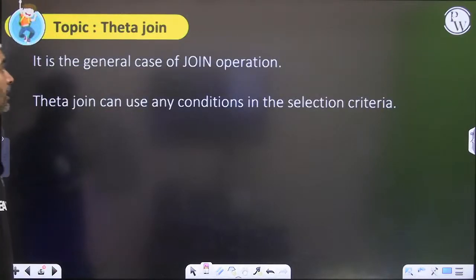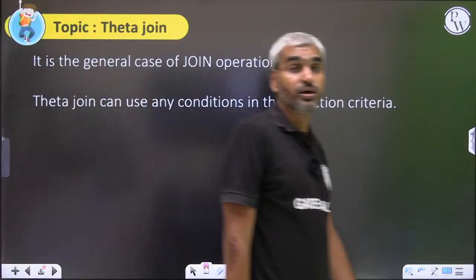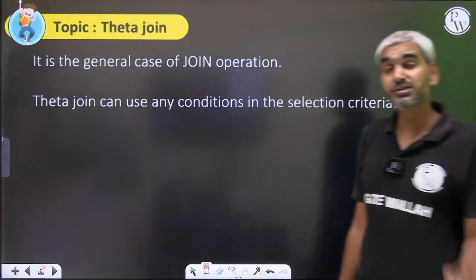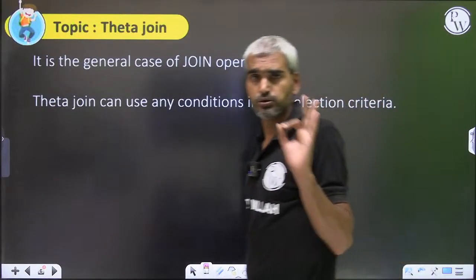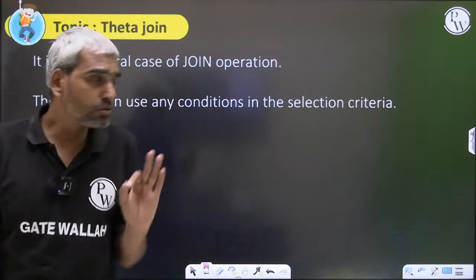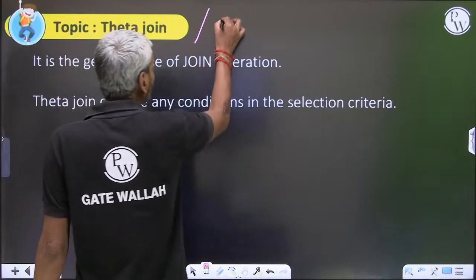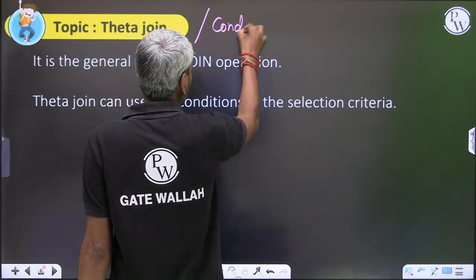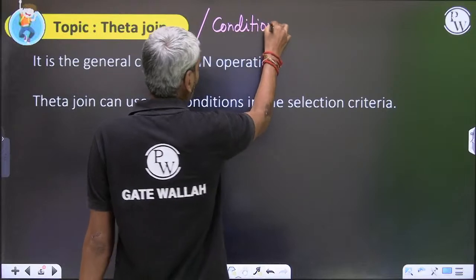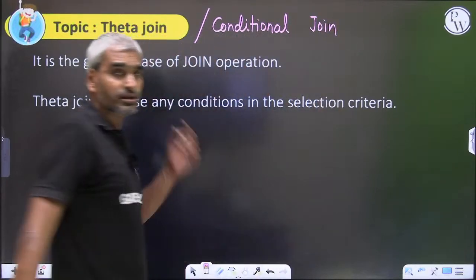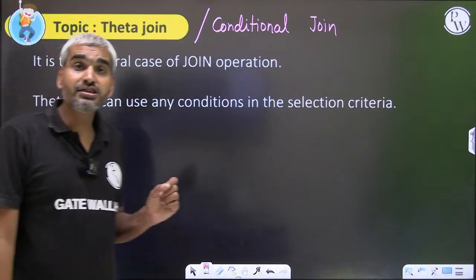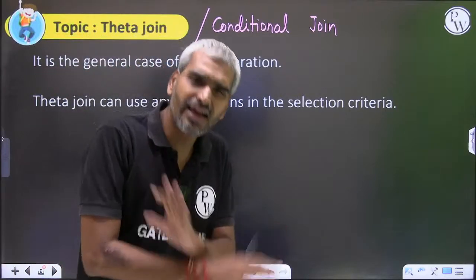Okay, sir. Now, the very first type of inner join is theta join. It is the most general case of join operation. Theta join is also known as conditional join, and the condition to join the tuples can be any condition.